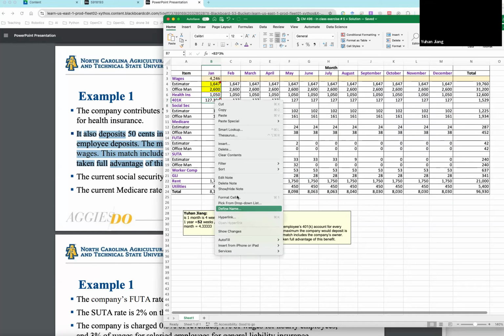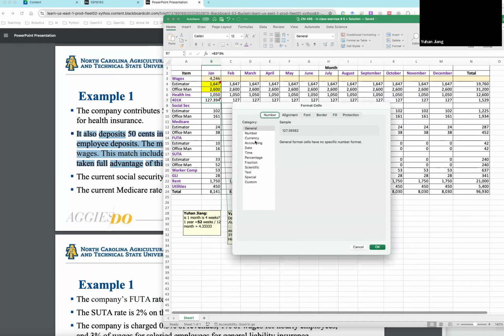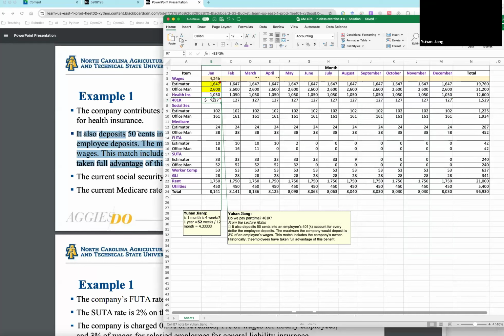We can change the format to accounting, or whatever you use, with the decimal place. So we get this number. So do we pay part-time 401k? And the answer is yes, because we on average contribute 3 percent of employee wages, right? So we're using these 3 percent here, 3 percent for other wages, right?